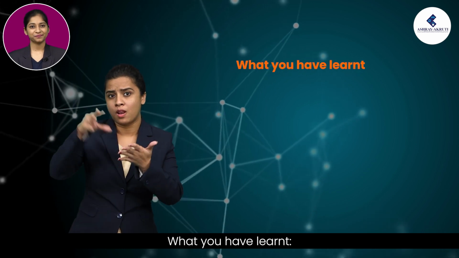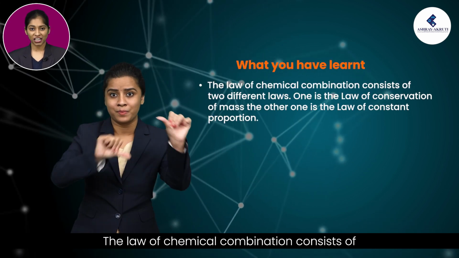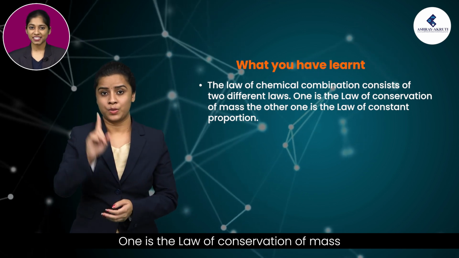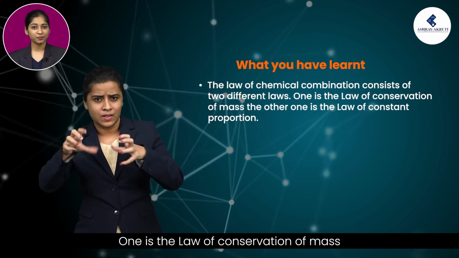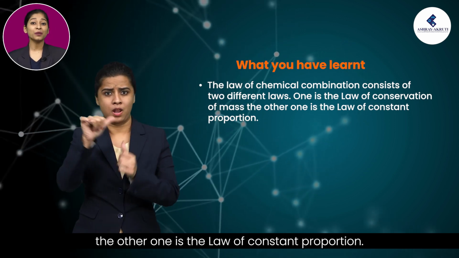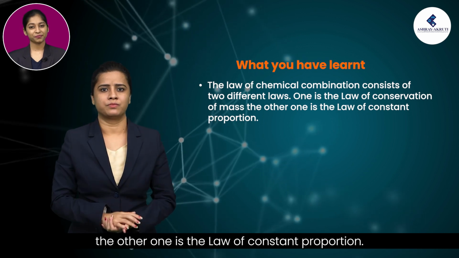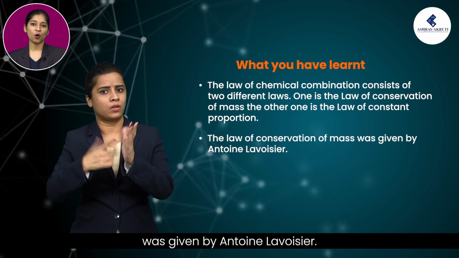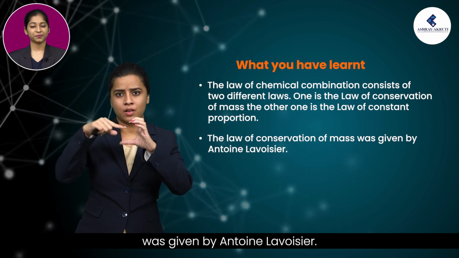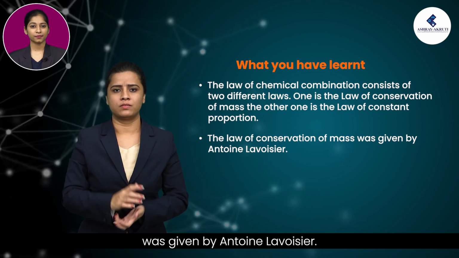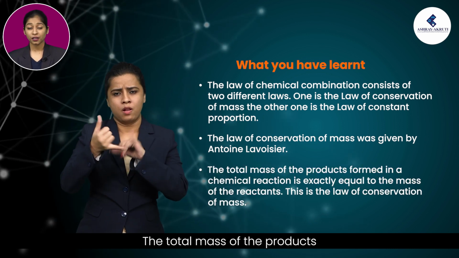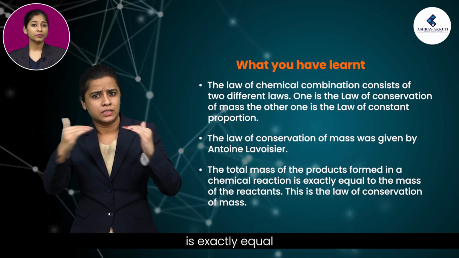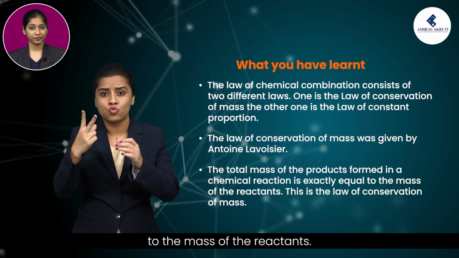What have you learnt? The law of chemical combination consists of two different laws. One is the law of conservation of mass, the other one is the law of constant proportion. The law of conservation of mass was given by Antoine Lavoisier. The total mass of the products formed in a chemical reaction is exactly equal to the mass of the reactants.